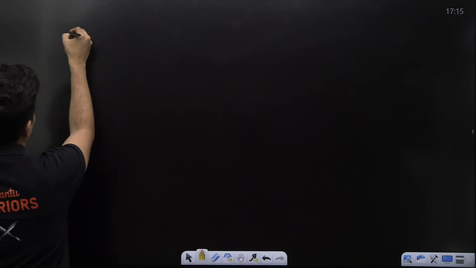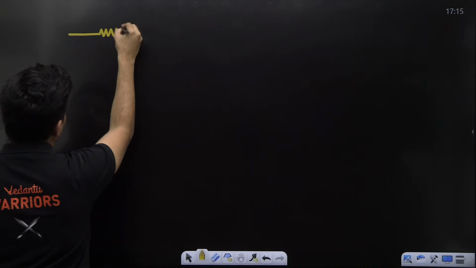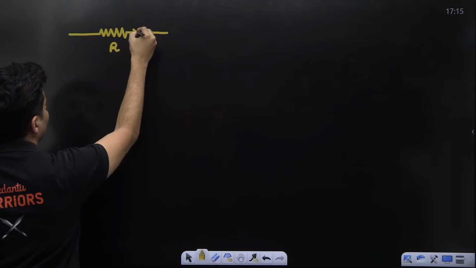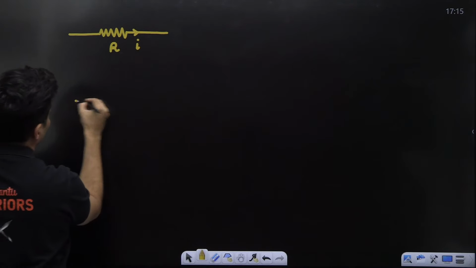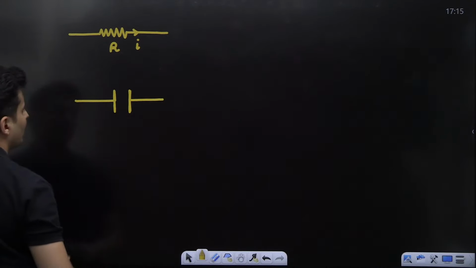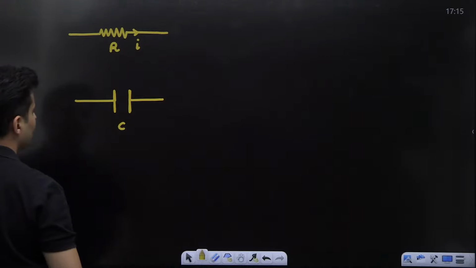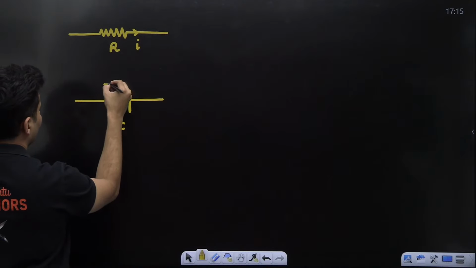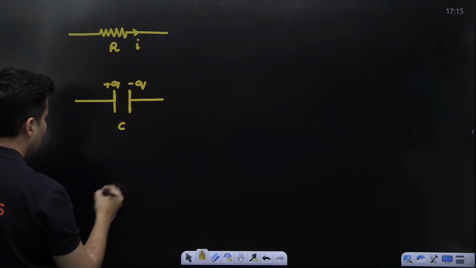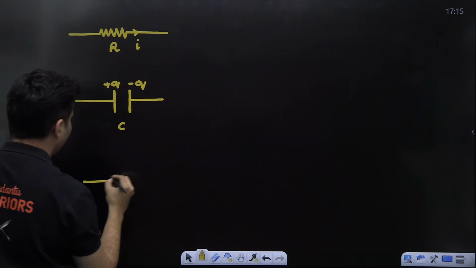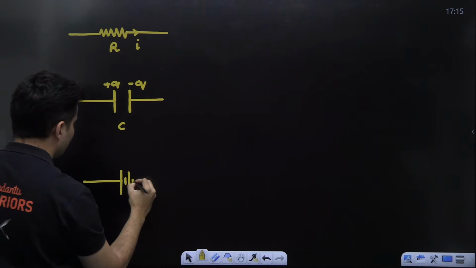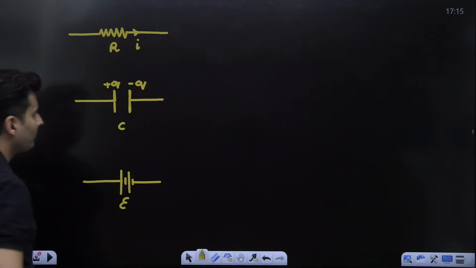Say it is a resistor and the current in it is I. Or it could be a capacitor of capacitance C, with a plus Q charge on one plate and minus Q on the other, oppositely charged. Or it could be a battery, with the positive terminal and the negative terminal, having EMF E.